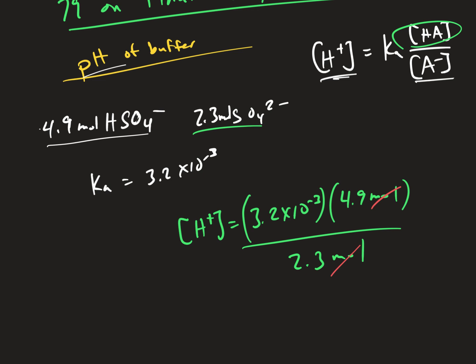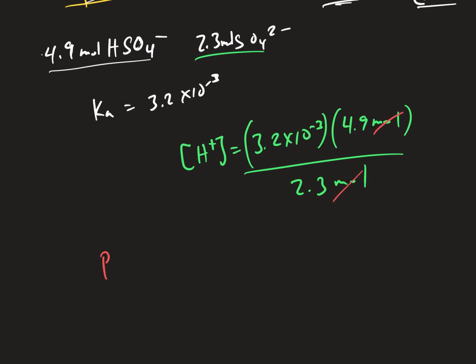Then that's going to give us the H plus concentration, and to find the pH, we just do negative log of the H plus concentration. Does that make sense?